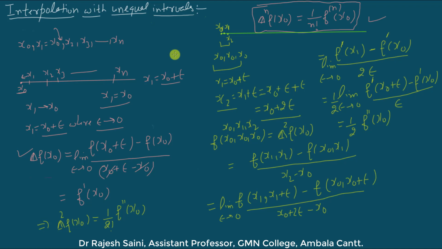And then we studied that if the first two arguments are equal, then what will be the definition of the first order divided difference. If the first three arguments are equal, then what will be the definition of the second order divided difference. And if the first n plus 1 arguments are equal, then what will be the definition of the nth order divided difference. So that we have studied and derived.